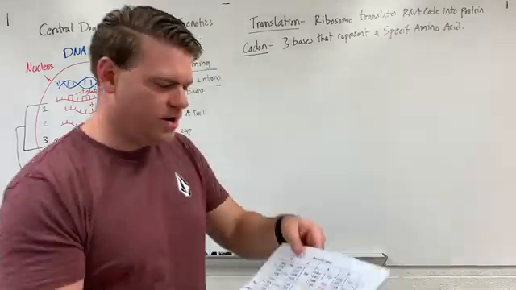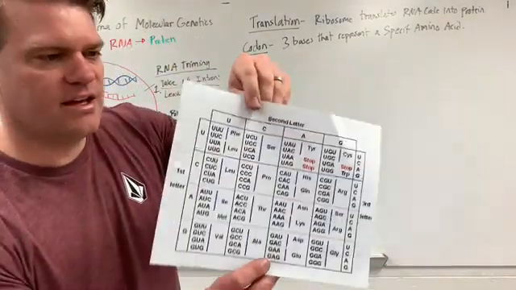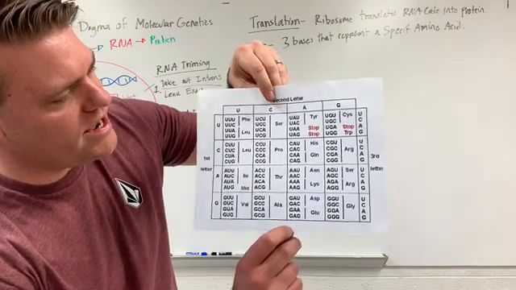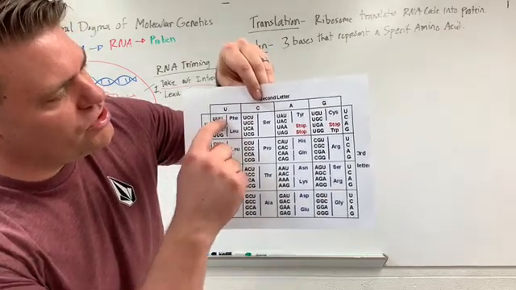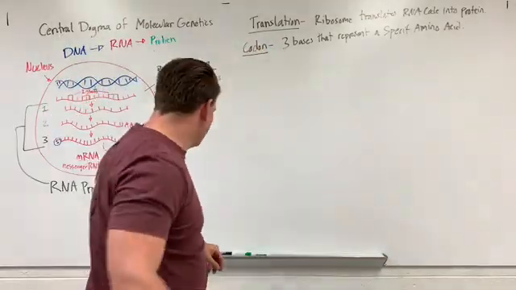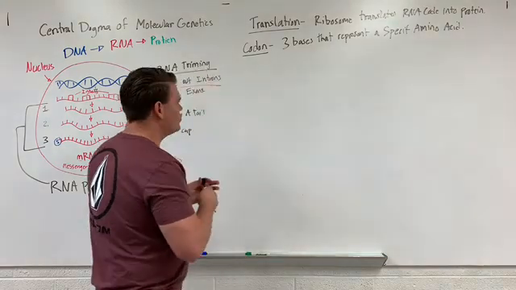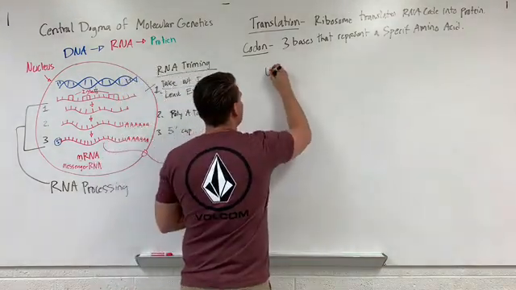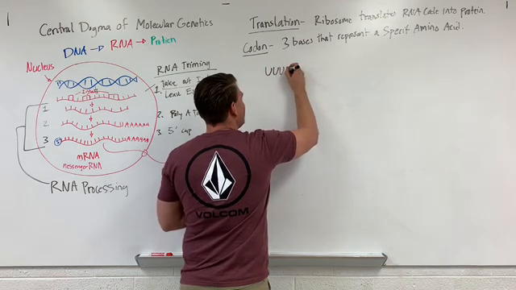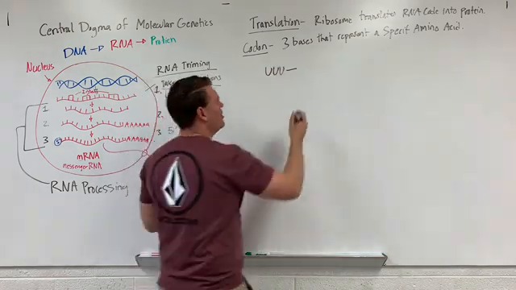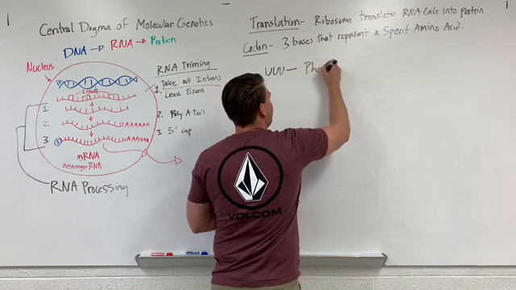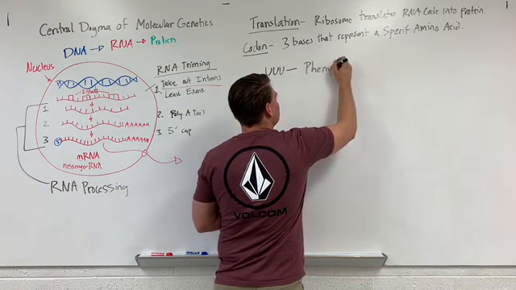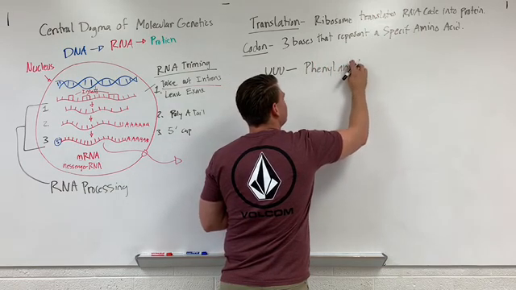So if I take one of these here, let's take this code right here, UUU. So anytime in our transcript, our mRNA, we see UUU, that actually codes for phenylalanine.